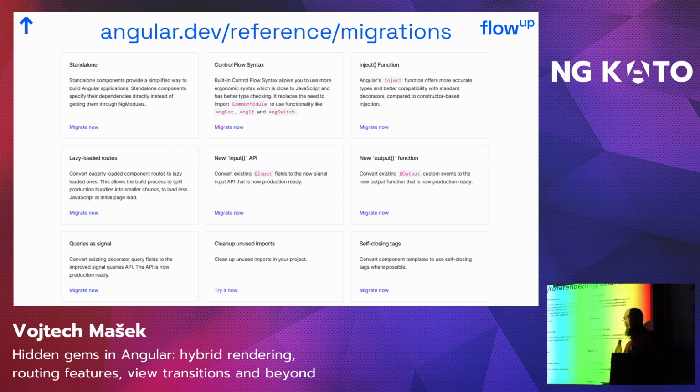I would even say that it would be completely useless to have new control flow, standalone, all of the stuff if there were no migrations, because nobody would do that by hand. And since we already had a topic of AI in a previous talk, it is also quite interesting that someone said it, not sure if you or someone else, that it is hard to force AI to use the new Angular syntax, which I completely agree with.